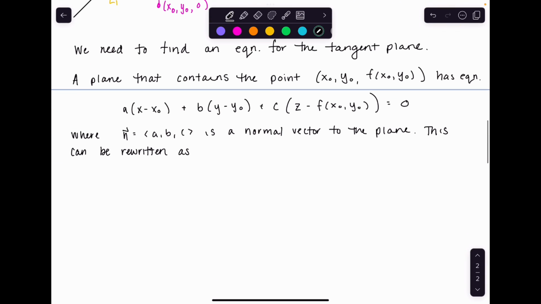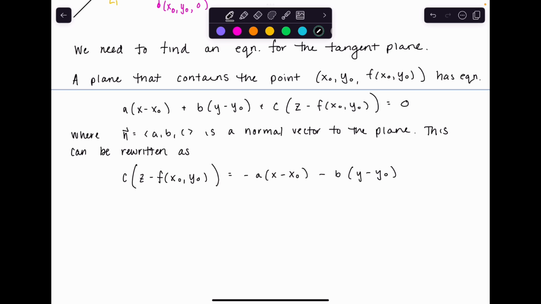I'll let the C component be on its own because that's the messiest looking one. And we'll just move the stuff dealing with x and y over. And then I'm going to divide by C to get this piece on its own. And that just takes each of these and divides it by C.